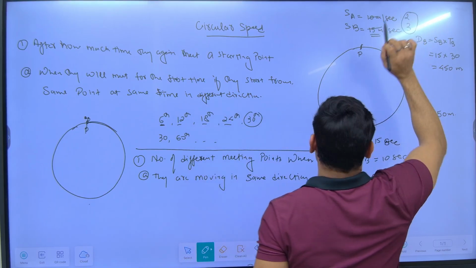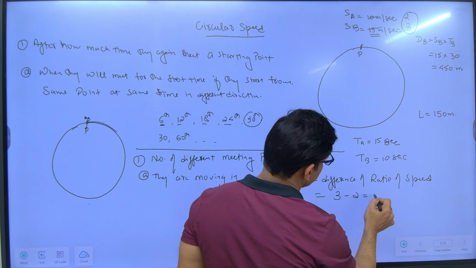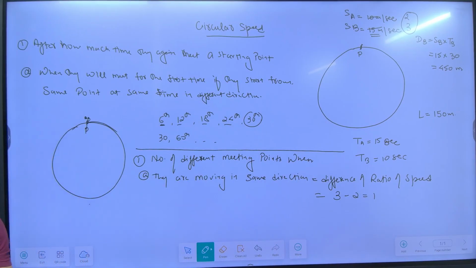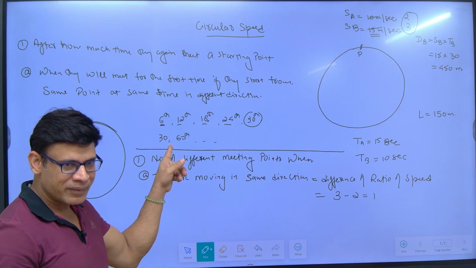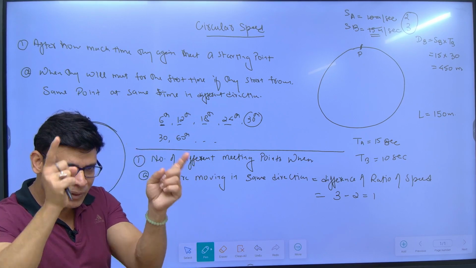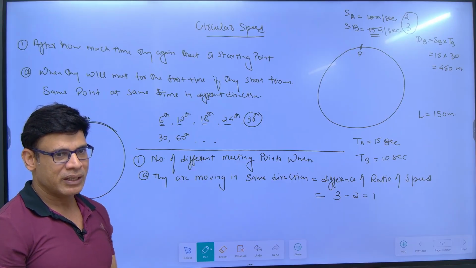What is the difference of 2 and 3? 1. In this case, the ratio of speed is 2:3, and the difference is 1, that is 3 minus 2. So there will be one meeting point when they are moving in the same direction. See, when they were moving in the same direction, only one meeting point came: at the starting point after the 30th second. That means on a particular length of track, they will meet at the starting point after the 30th second.